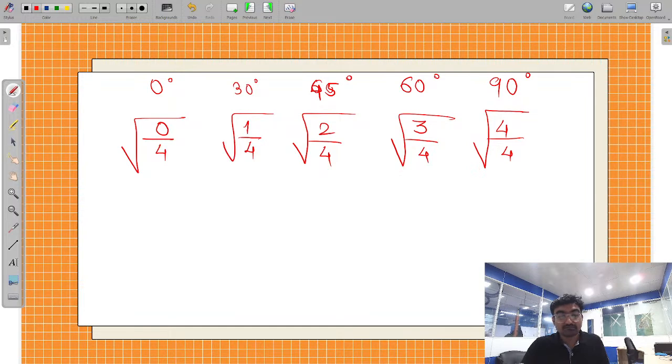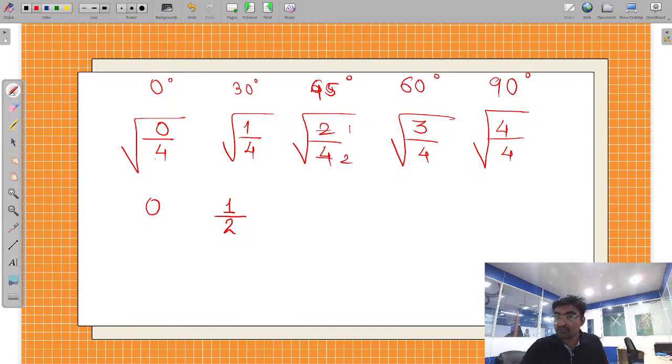Now 0 by 4 is basically 0, and square root of 0 will be 0 only, correct? Now what will 1 by 4 give us? Under the square root, square root of 1 is 1 and square root of 4 is 2, correct? Now what about 2 by 4? 2 by 4 will be 1 by 2, correct?